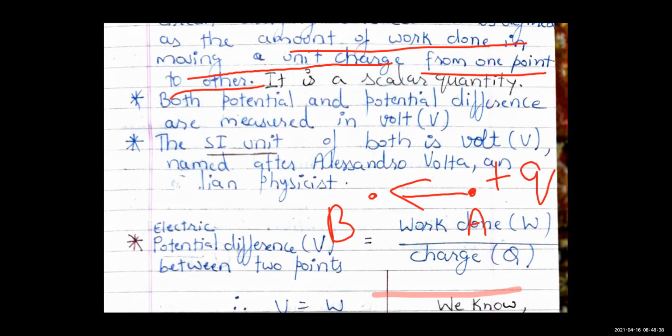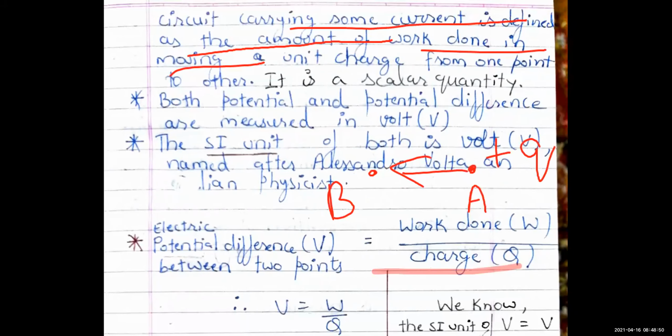That work upon charge is known as the electric potential difference. Right, beta? So what is electric potential difference? It is also work done only. But here you will write work done in bringing unit charge from one point to another point.